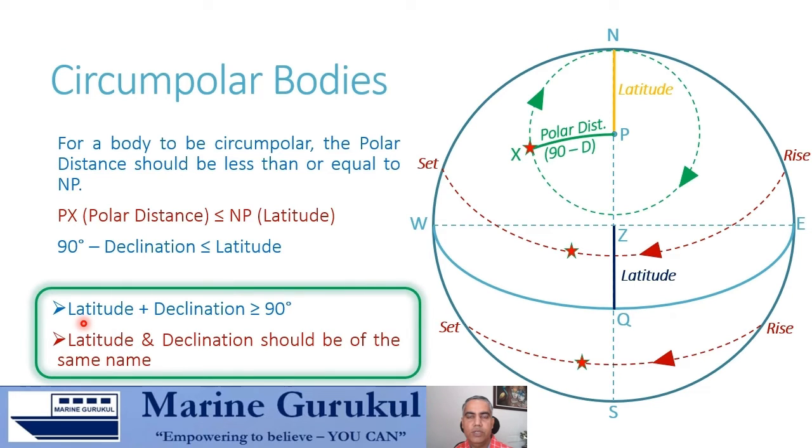So these are the two conditions which need to be met for a body to become circumpolar: latitude and declination of same names, and latitude plus declination greater than or equal to 90 degrees. So remember these two conditions for a body to become circumpolar.